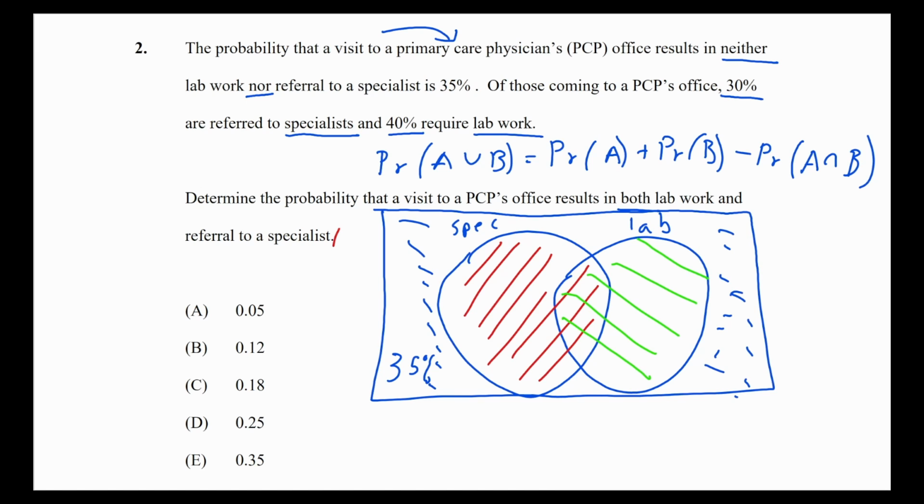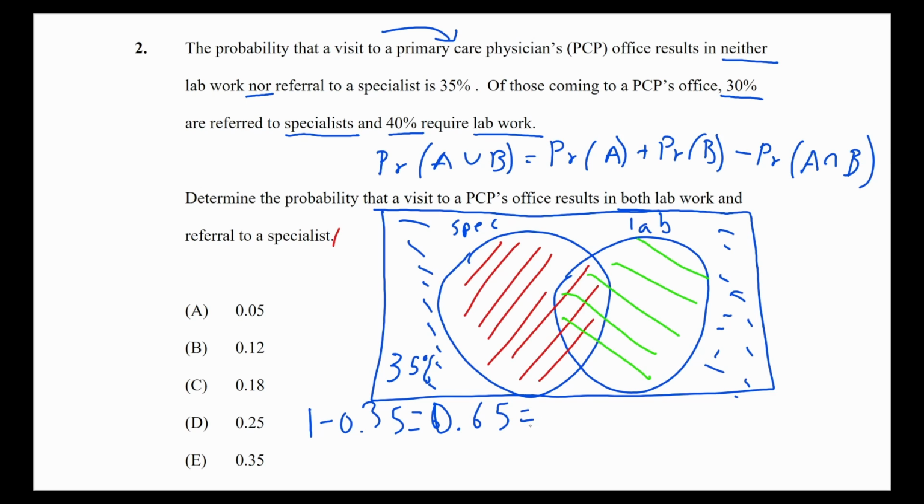So what is the probability of A union B? Well, it's going to be 1 minus 0.35, because everything outside of the circles is 35%, and we only want to know what's inside these circles. So that's 0.65.